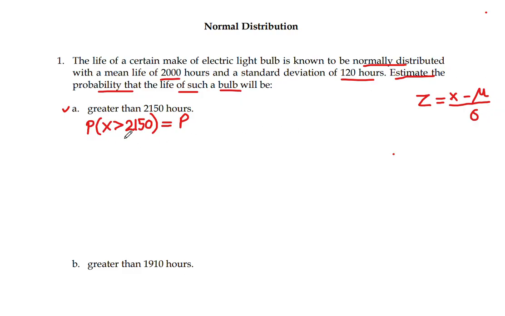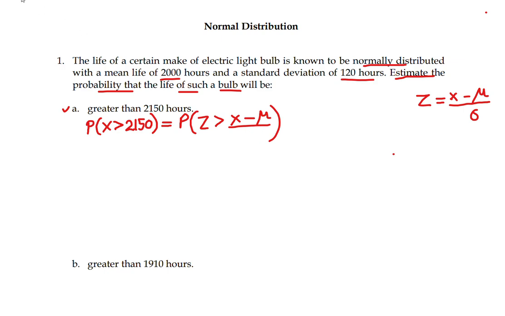So I'm going to convert this probability that X is greater than 2,150 to become the probability that Z, keeping that greater than sign, Z is greater than, and then I write the formula X minus mu all over sigma. Okay, sigma being the standard deviation.